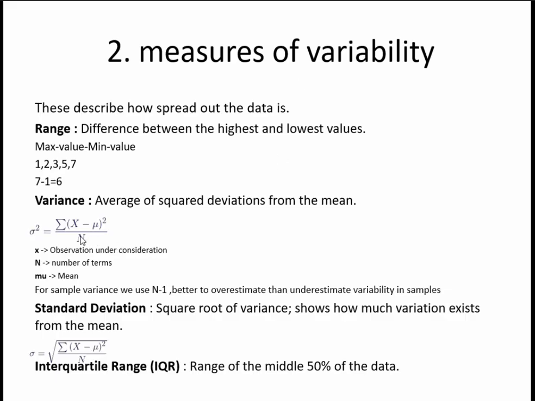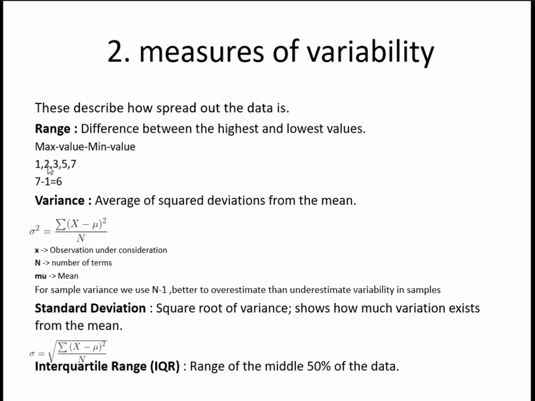So this is our mathematical formula for finding variance. X stands for each value here, for example, 1, 2, 3, 5, 6. Then mu is the mean. In this example, our mean was 3.6. And then n is the number of items that we have here.